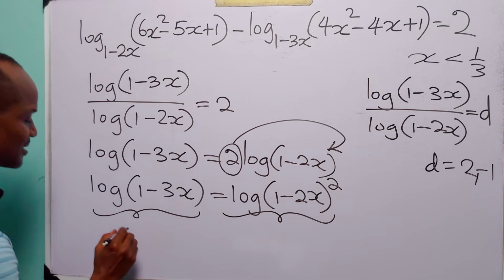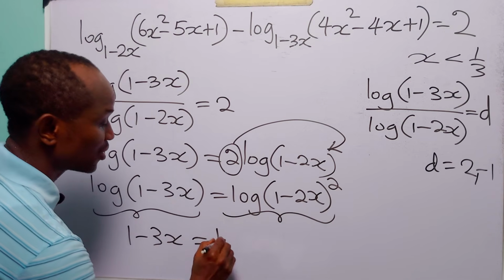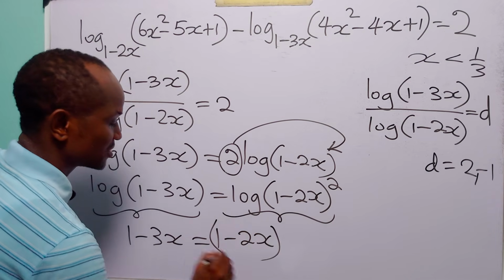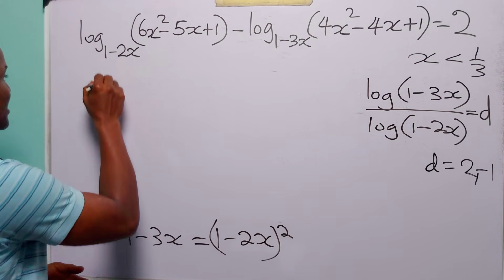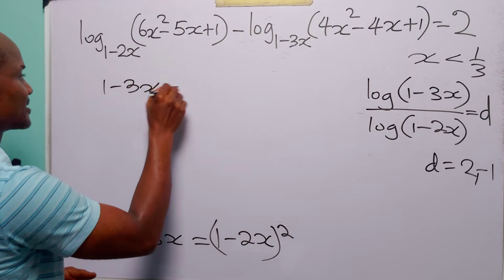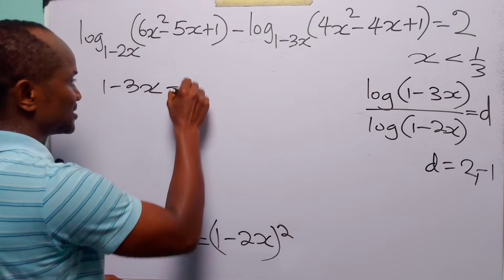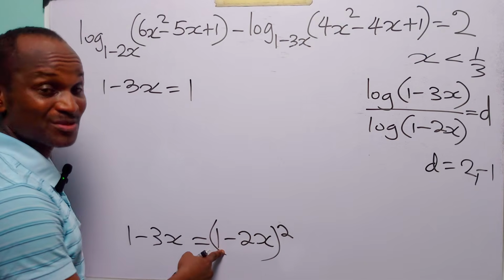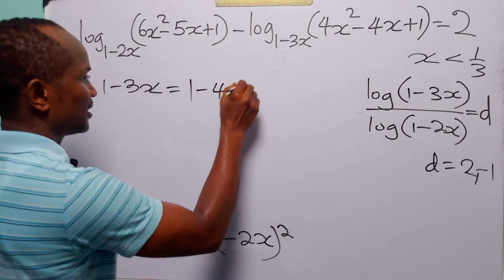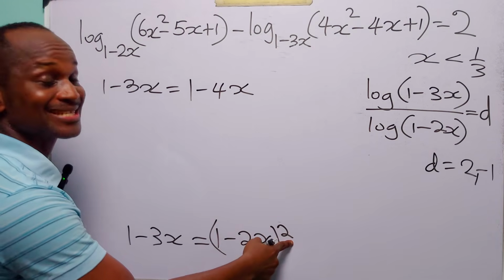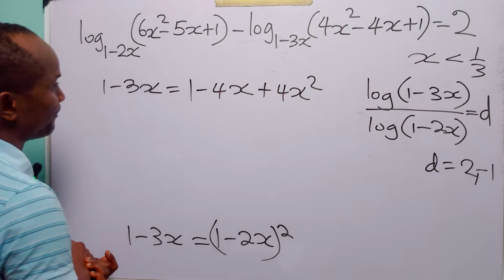So that simply means that 1 minus 3x must be equal to (1 - 2x) squared. From here, we have that 1 minus 3x is equal to, expanding this, we have 1 squared, which is 1, 2 times 1 times minus 2x, that is minus 4x, and then minus 2x squared, which is plus 4x squared.